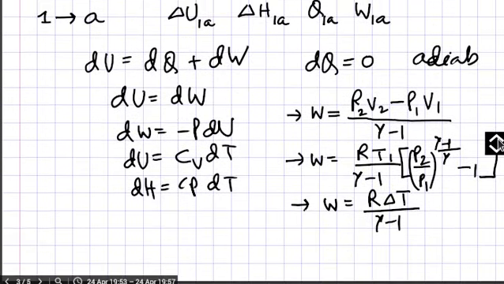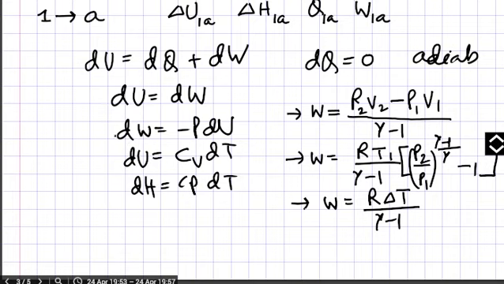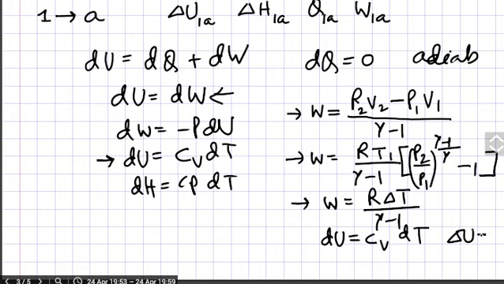And one more thing we can do, we can find first the du, or this will give you delta u, and delta u is equal to this work. Here you can see, in adiabatic process, this way also you can find the work.